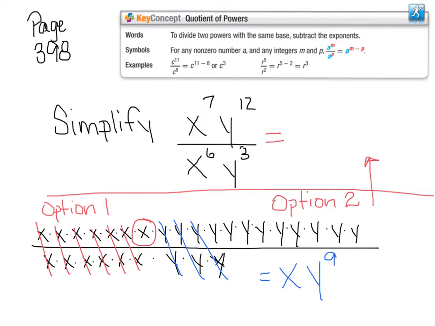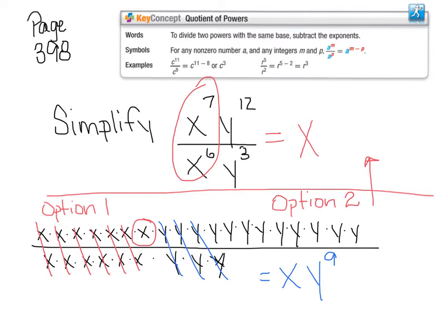Take a look here where we've got x to the 7th over x to the 6th. Well, according to my rule, I simply subtract those exponents. 7 minus 6 would be x to the first power. And since the 7 is a larger number, we leave that x in the numerator.